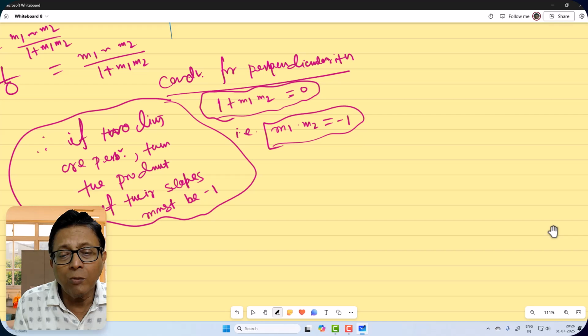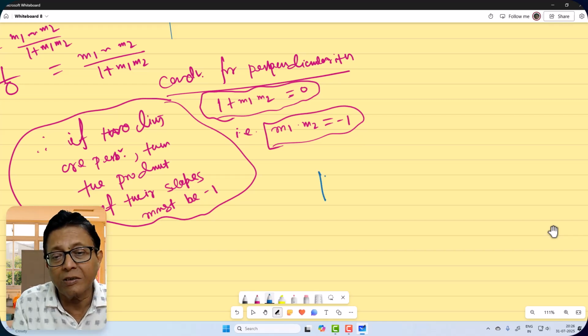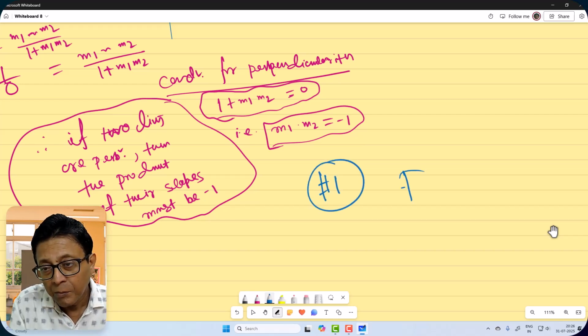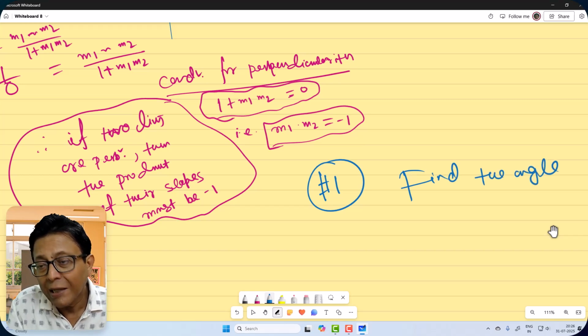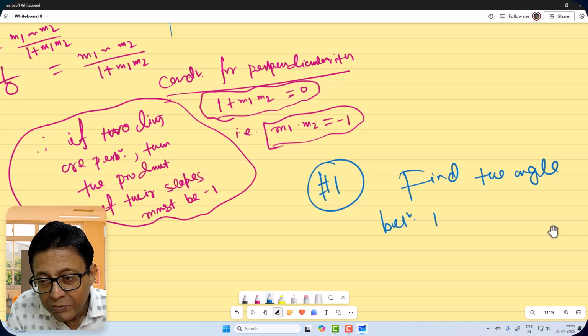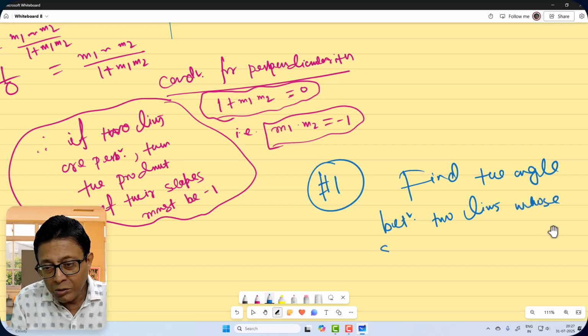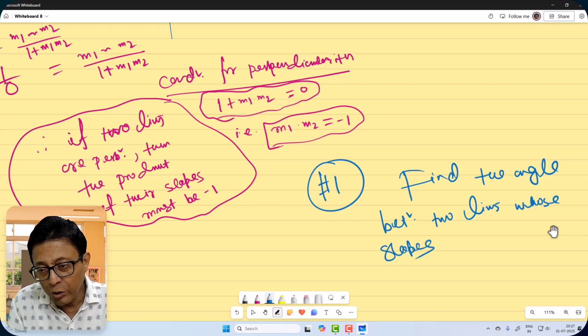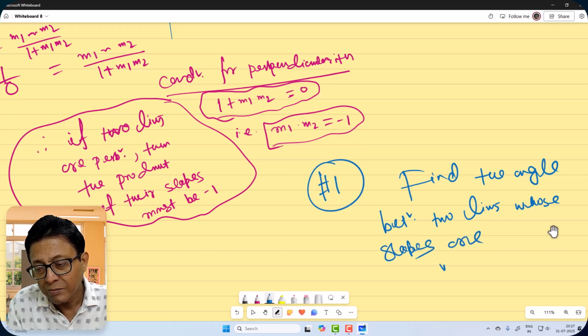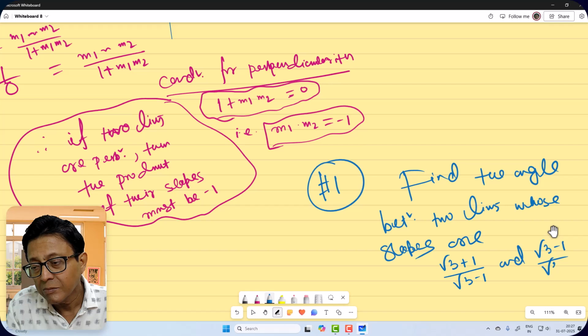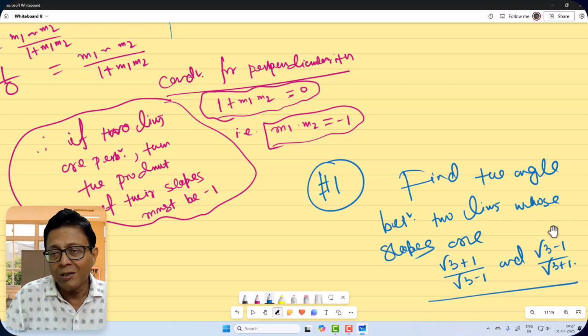So let us solve one problem based on slope formula first. Example 1. Find the angle between two lines whose slopes are (root 3 plus 1) by (root 3 minus 1) and ... Use formula only.